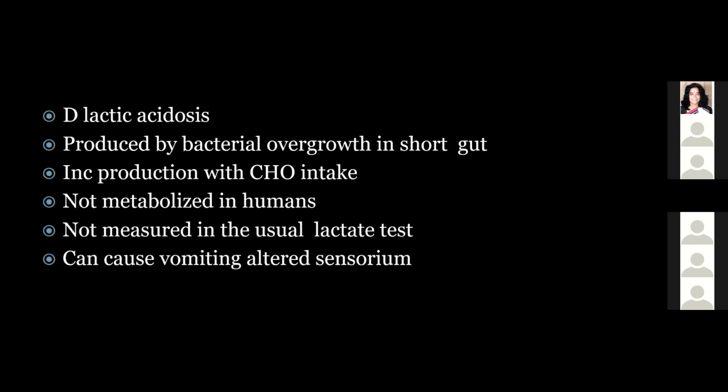That's why the history is important, that NEC, that short gut, gives you the possibility, because when you have everything negative, you also have the possibility of toxins. So it is not that D-lactate would be the default diagnosis. It could be a number of other toxins which we spoke about in that gold mark. So you would have to consider both based on the history you get and the background you have.